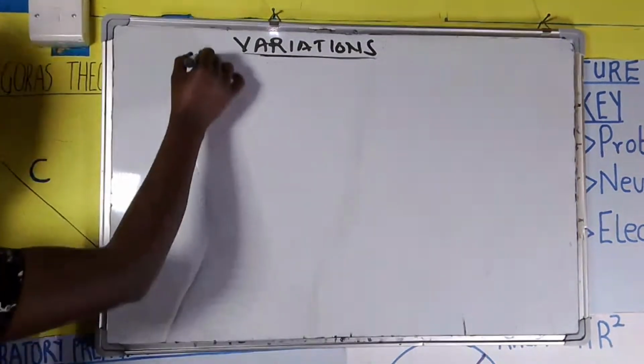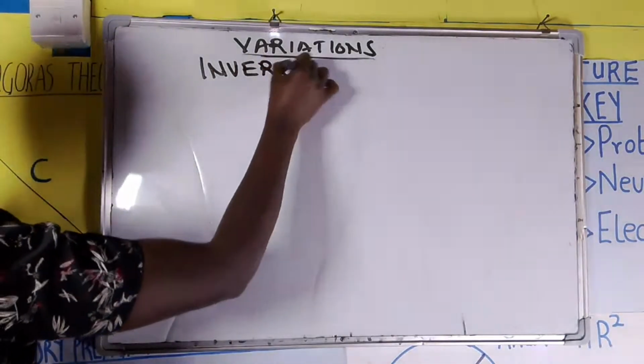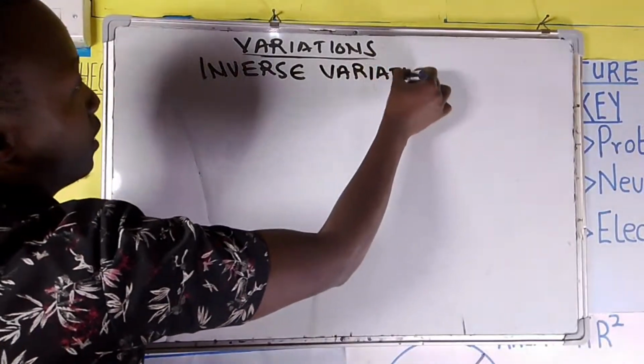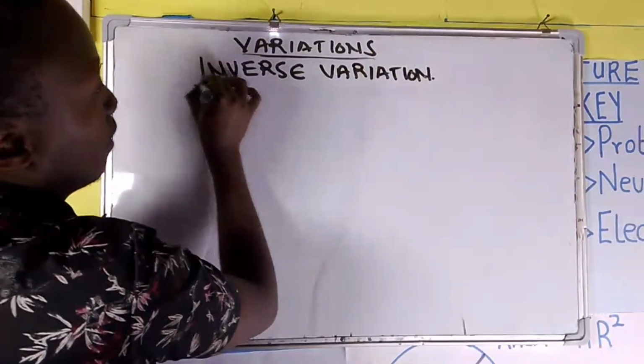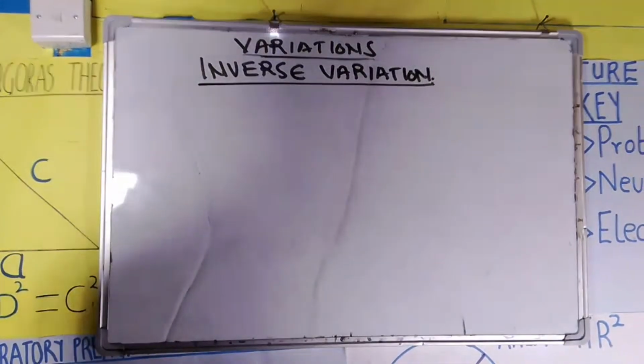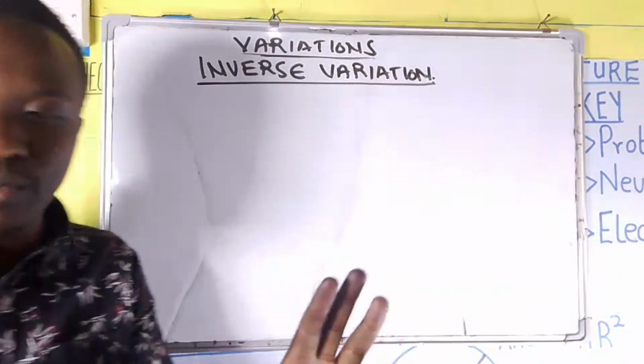Now I want us to get into inverse variation. Inverse variation. So in inverse variation, this is where we have two variables.